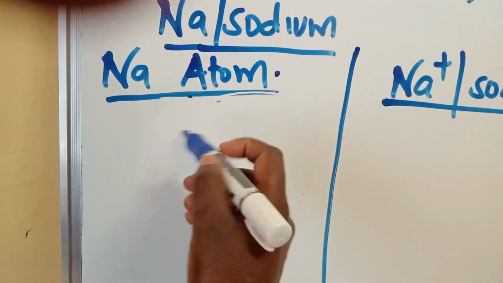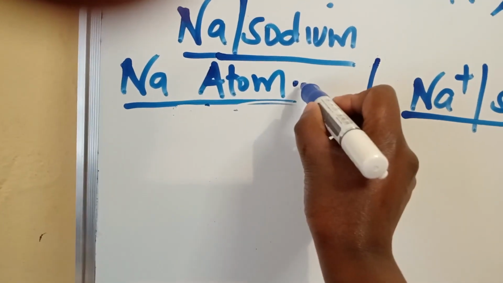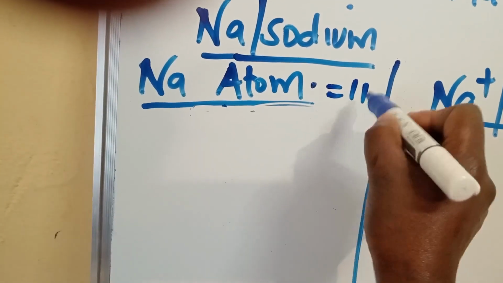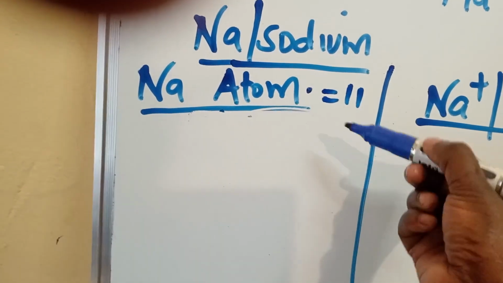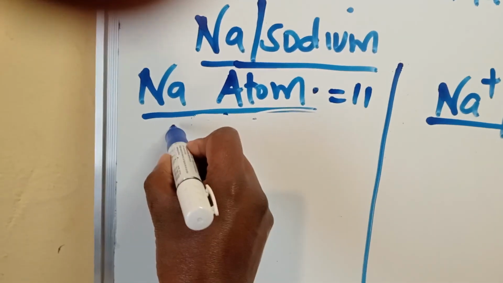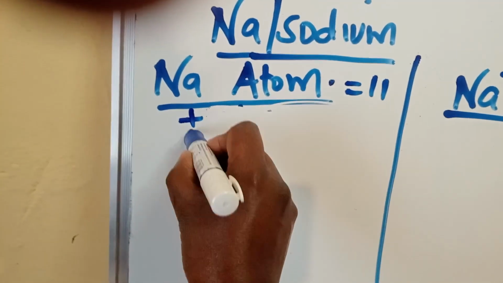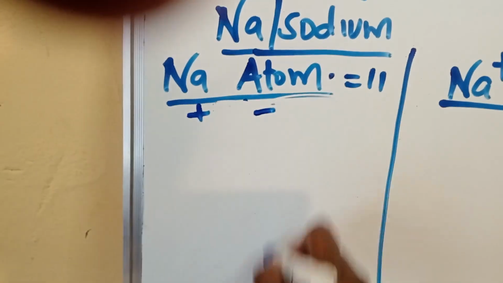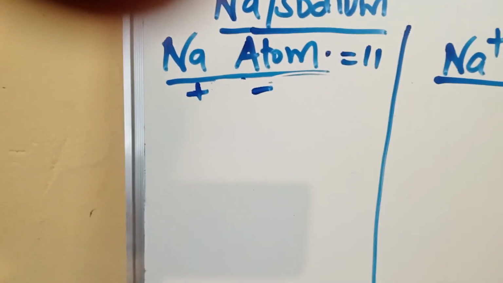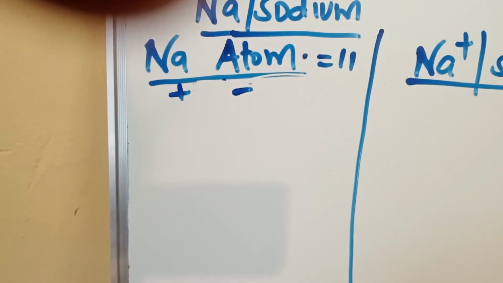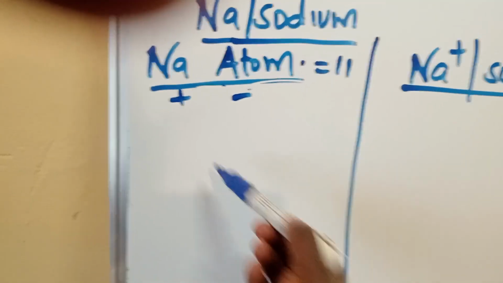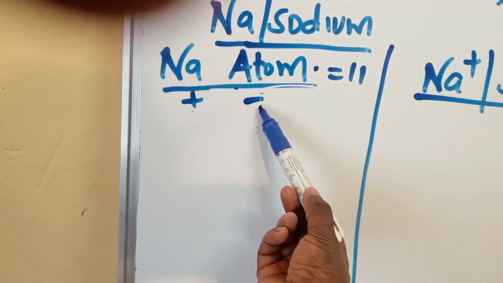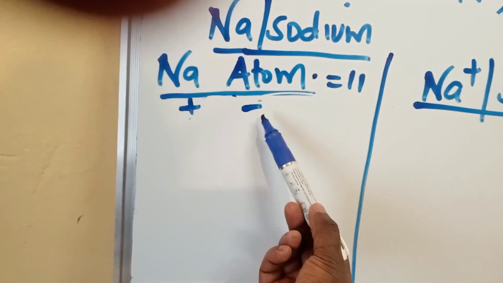So down here, and being that the atomic number is 11, and the atomic number is the same as the number of electrons and also the number of protons, so we will have positives on a vertical line and the negatives again on a vertical line going downwards. And for you to have an easy time, anytime you indicate a positive, make sure that you go ahead and indicate a negative.